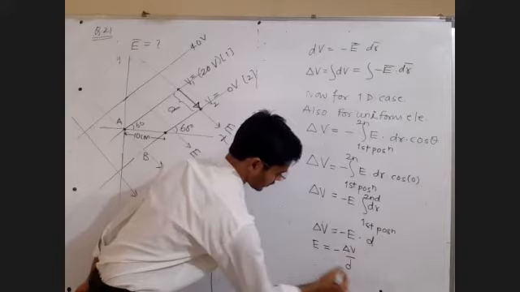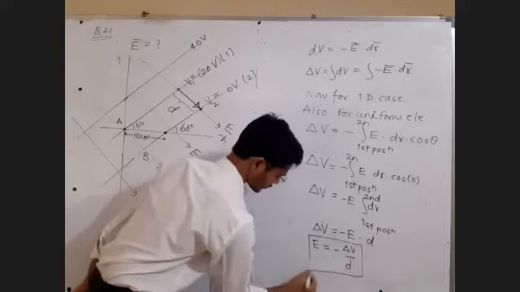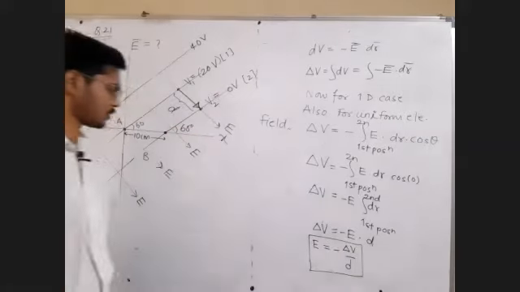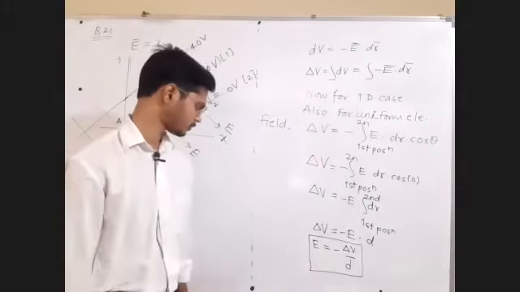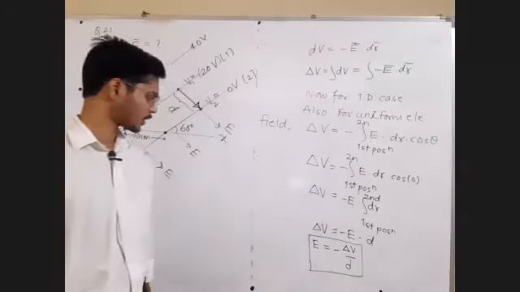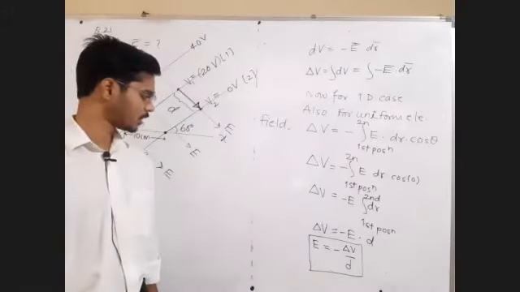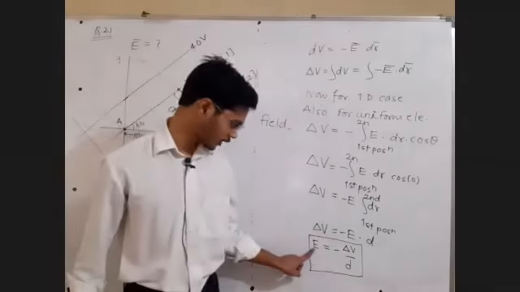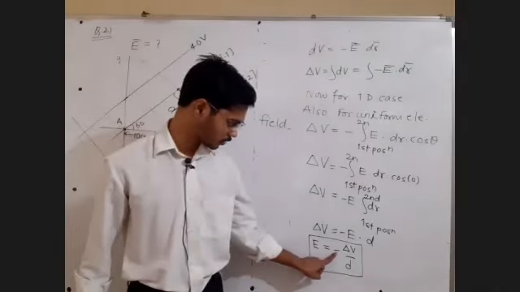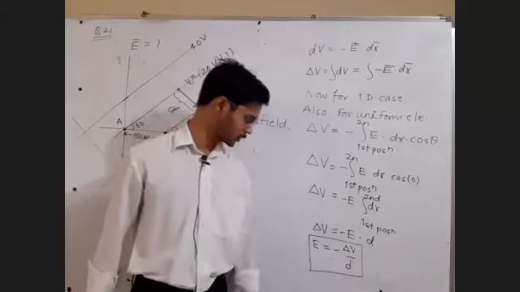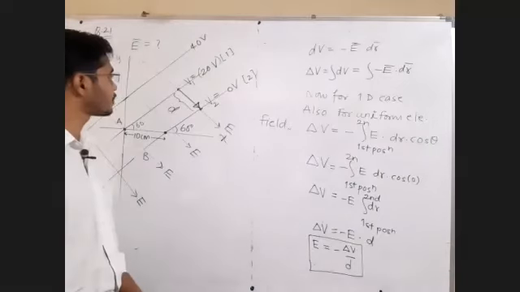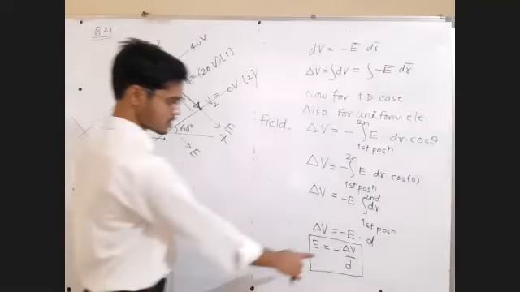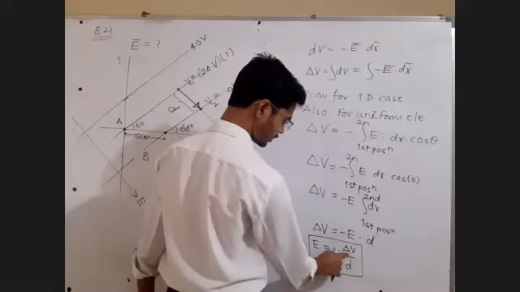But here the formula itself is trying to deal with the directions. It is saying that the direction of electric field is opposite to the direction of change of potential. Try to understand: negative potential gradient.